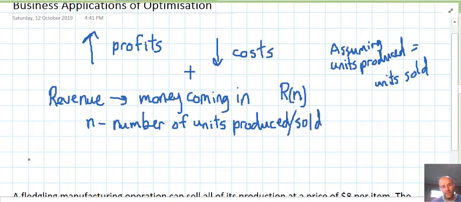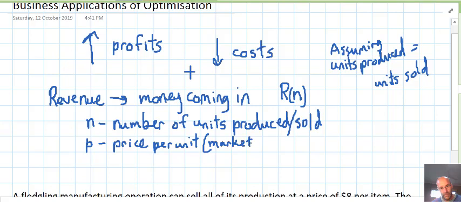We're going to define a small p. p is the price per unit, the market price. It's how much people pay for it. Getting back to R of n, we can come up with an equation for the revenue function.